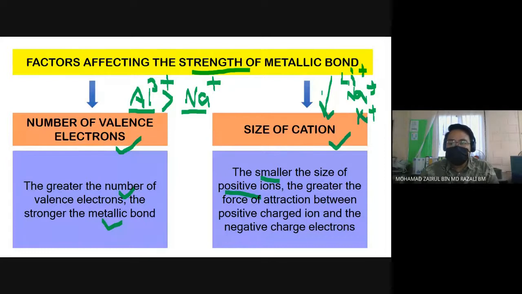Macam lithium, sodium, potassium ni, kenapa saya tak boleh gunakan faktor number of valence electron kalau going down the group? They are the same group with same valence electron, which is 1. Yes, betul tu. Since they are the same group, they have the same number of valence electron. That's why untuk going down the group, kita tak boleh gunakan number of valence electron sebagai factor nak explain the strength of metallic bond.